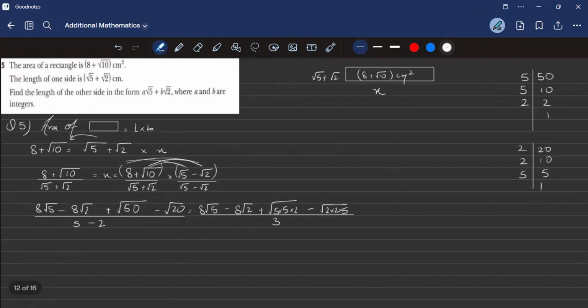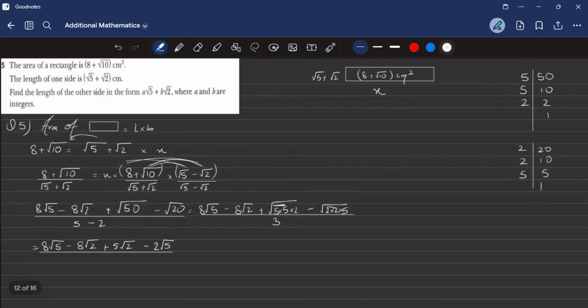So we further simplify this. First of all, a pair of 5 comes out, which leaves behind 8 under root 5 minus 8 under root 2 plus 5 under root 2 minus, again, a pair of 2, so minus 2 under root 5, divided by 3.